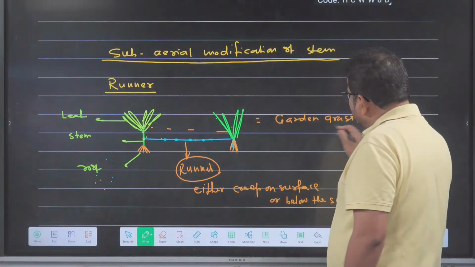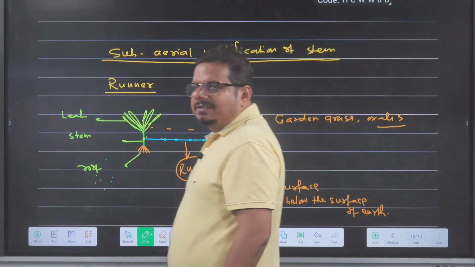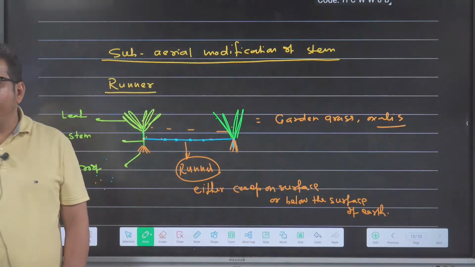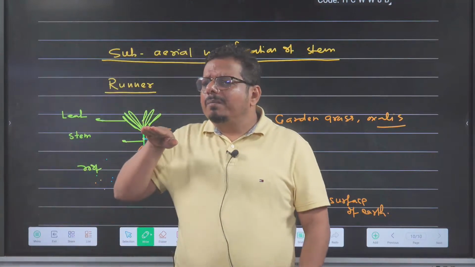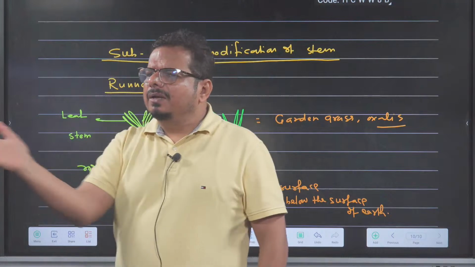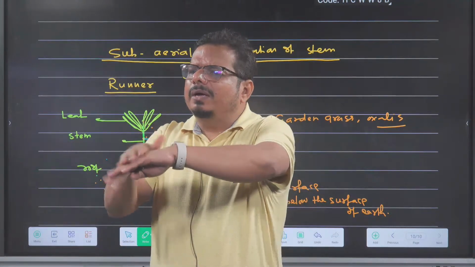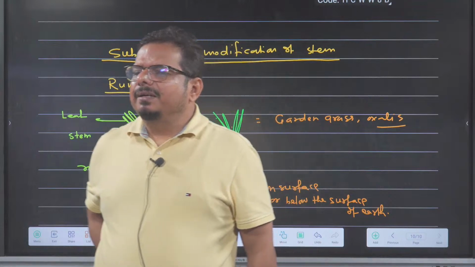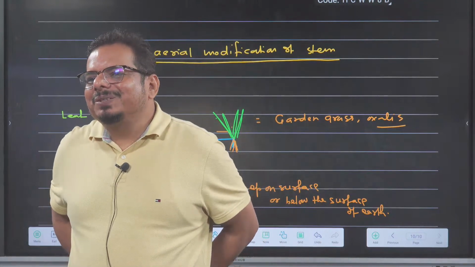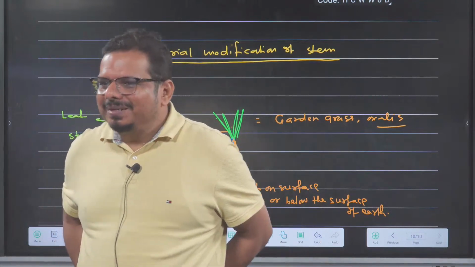I am not writing strawberry here. Understand the idea? You got the runner, the picture came in the mind. So these runners either creep on the surface of earth or just below it. If you remove the soil with your hand, you will find these branches are visible. In that reference, the NCERT author wrote the word underground along with runner.